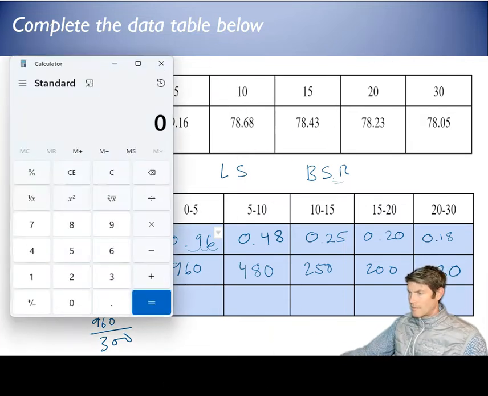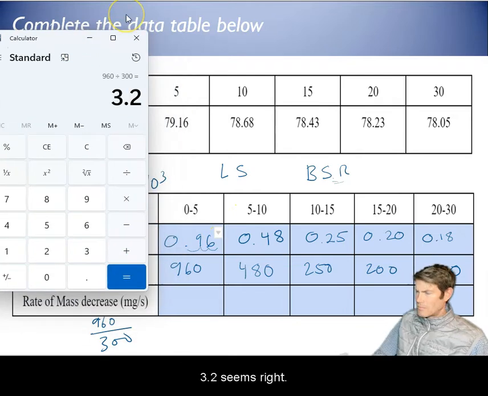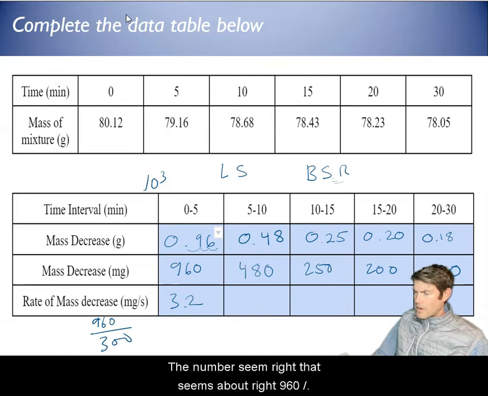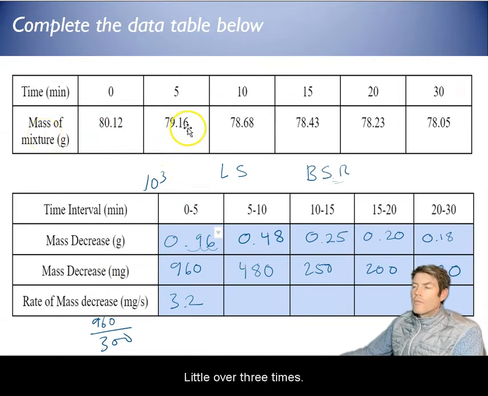So let's check this out. 960 divided by 300. I think that worked. 3.2 seems right. Always see if the numbers seem right. 960 divided by 300, a little over 3 times.